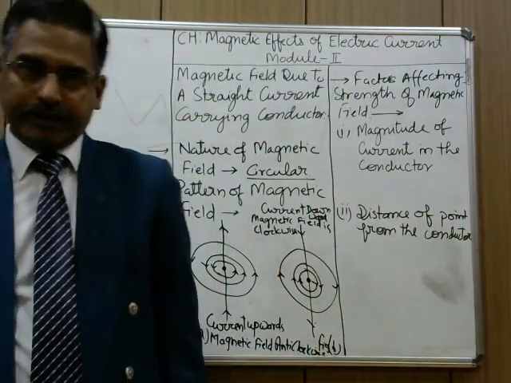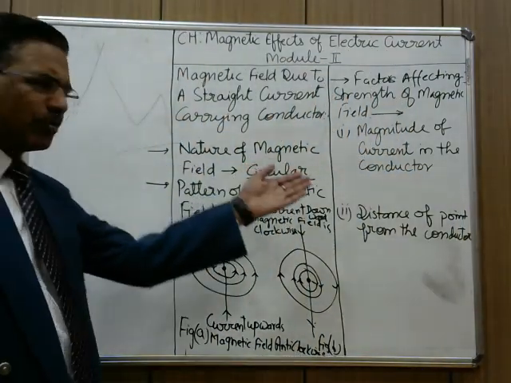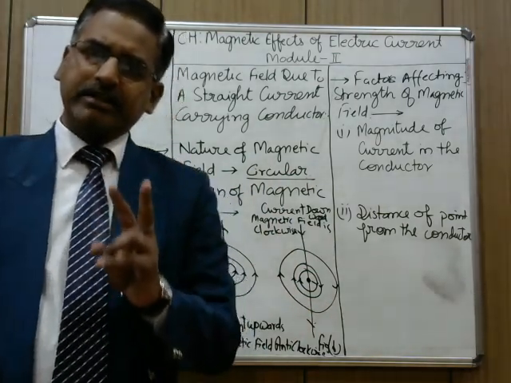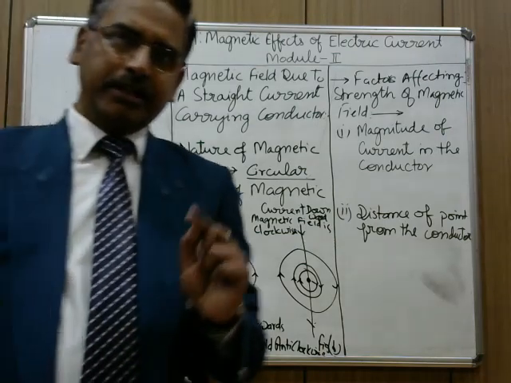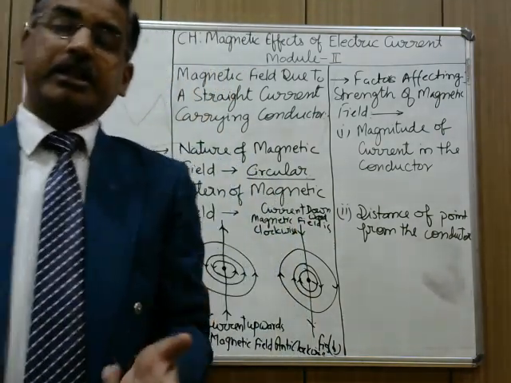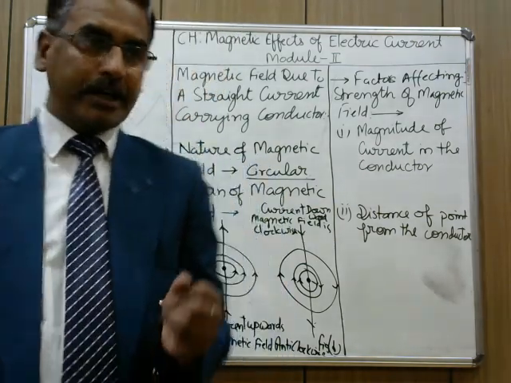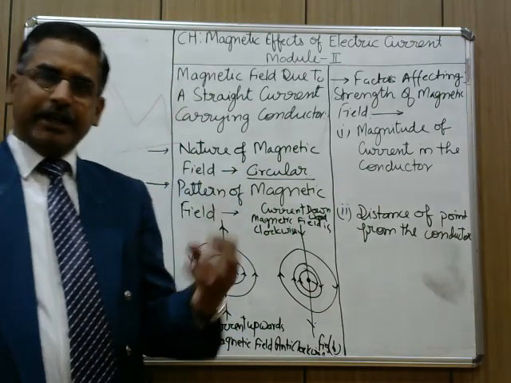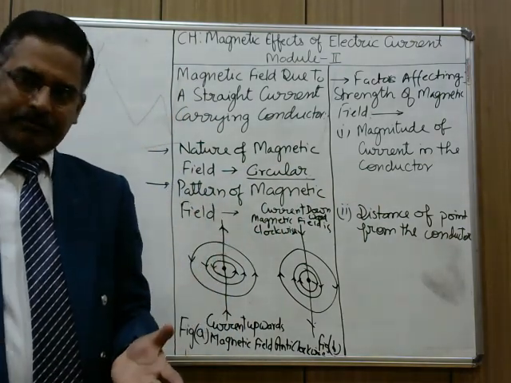So these are the two factors, and very easy to understand. Two factors are affecting the strength of magnetic field. One, the magnitude: magnitude means how much current is flowing in the conductor. And second point is how far away the point is from the conductor.